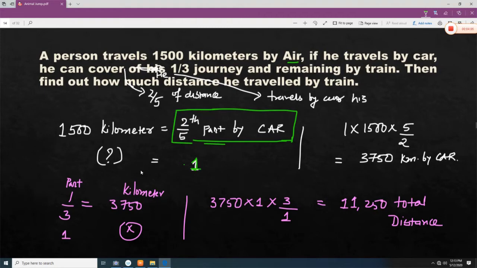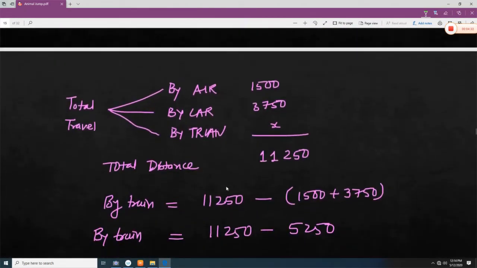That comes to 3750 kilometers. And 1/3 of the remaining journey he travels by car. Then find out how much distance he travelled by train. So this 3750 is 1/3. So 1/3 is equal to 3750. So 1 is how much? So 1 is going to come to 11,250, the total distance.